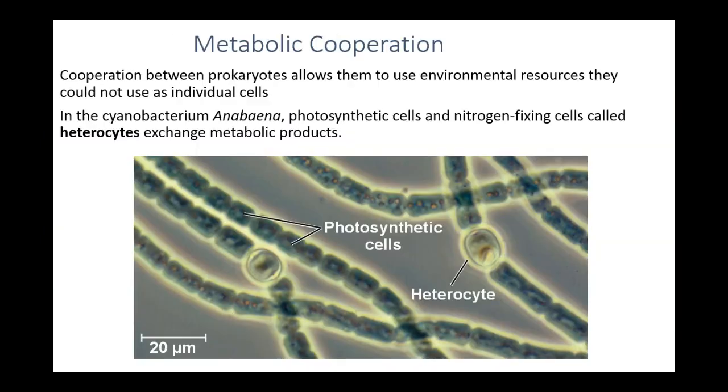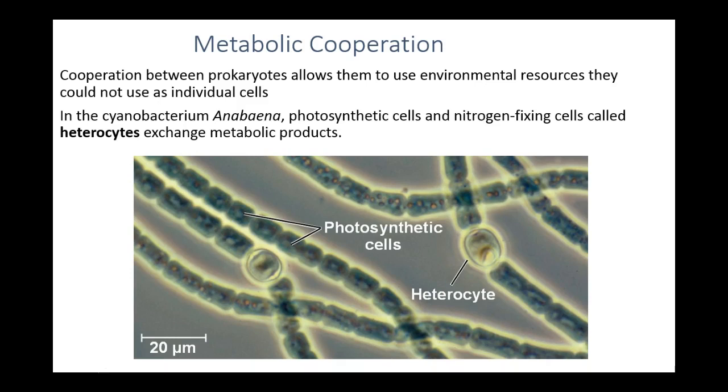Another one is metabolic cooperation, which is interesting. Prokaryotes can use environmental resources that they wouldn't be able to use as an individual cell. And what you have here is a cyanobacterium. Those are the photosynthetic cells.